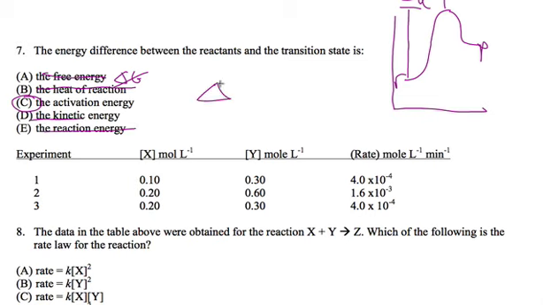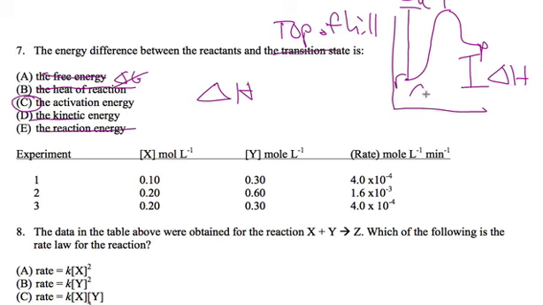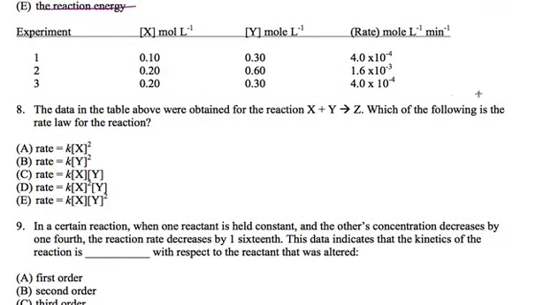If delta H was mentioned here, that would be tempting. But from reactants to the transition state is the same thing as saying from reactants to the top of the hill. Remember when we did the little demo with our popper? Here was the popper, and when it was inverted, we called that the transition state. So, anyways, answer C.